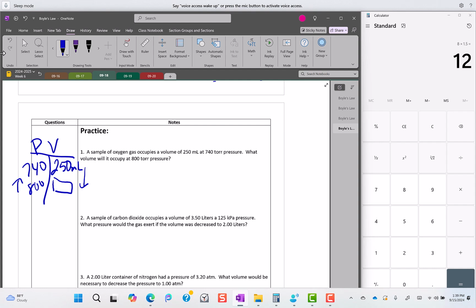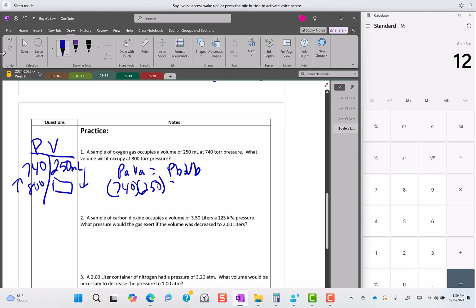So PA, VA equals PB, VB. That's 740 times 250 equals 800 times the unknown. I should put my milliliters in there. Oh, that's my pressure.